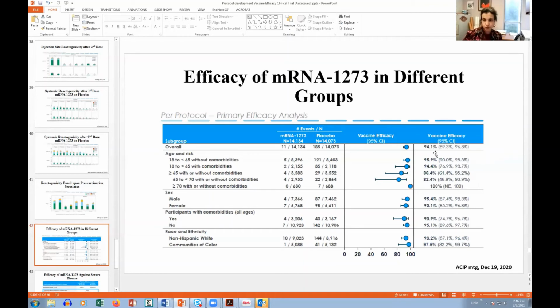So the vaccine was 94% efficacious at preventing COVID-19 of any severity after a median follow-up of 2 months.